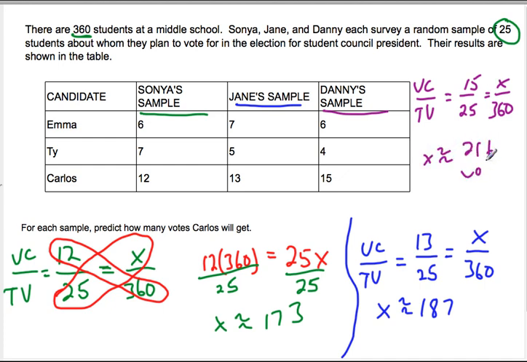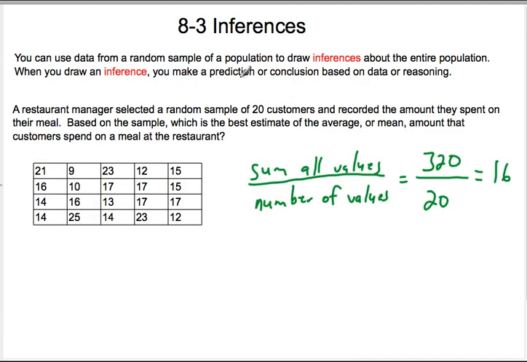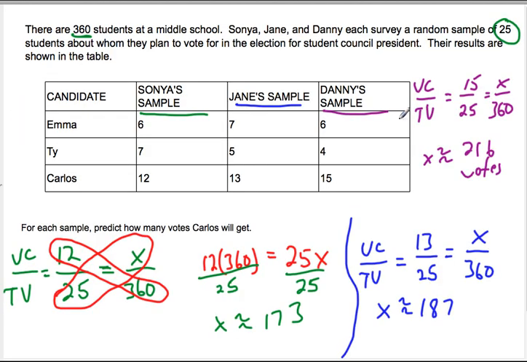216 votes. So remember, back at the beginning of the video I said that we're going to make a prediction or a conclusion based on data or reasoning. So notice, depending on which sample you got, the conclusions are a little bit different. And they're just a prediction, they're just an estimation, and so none of them are expected to be exactly right.